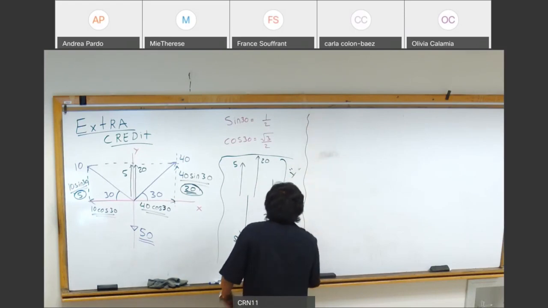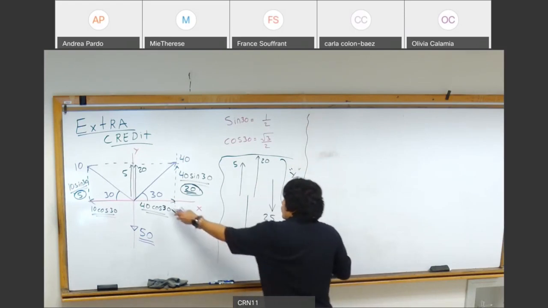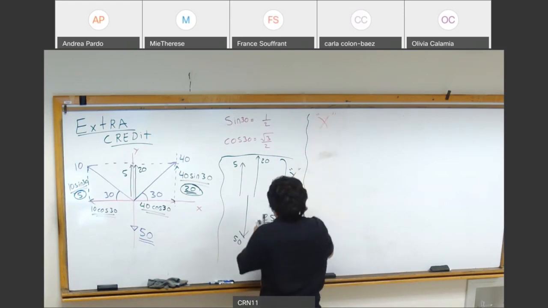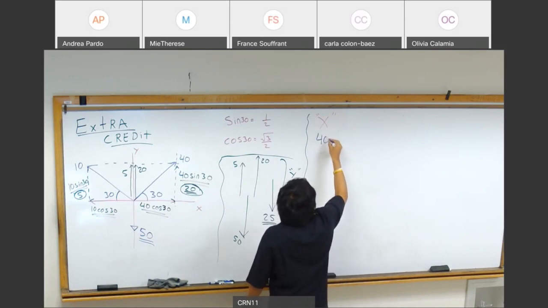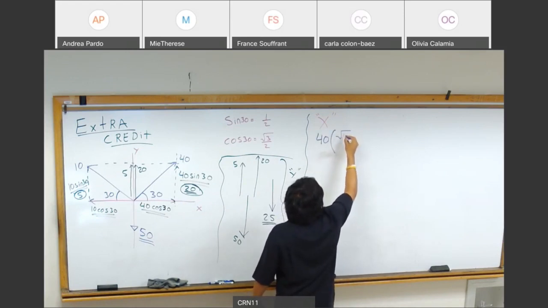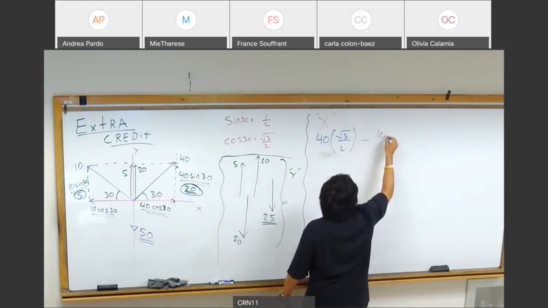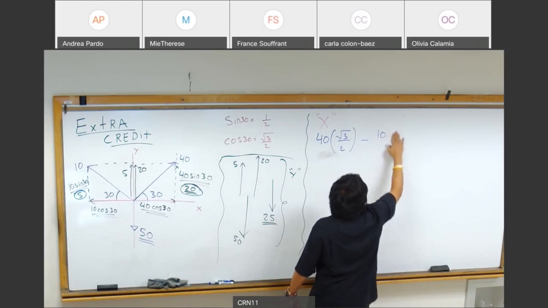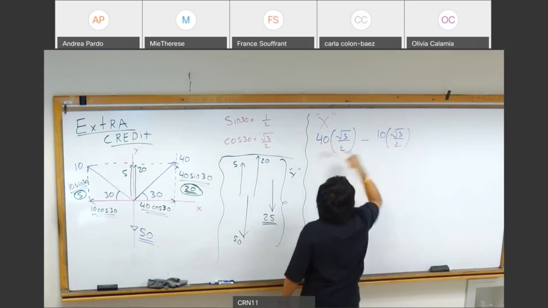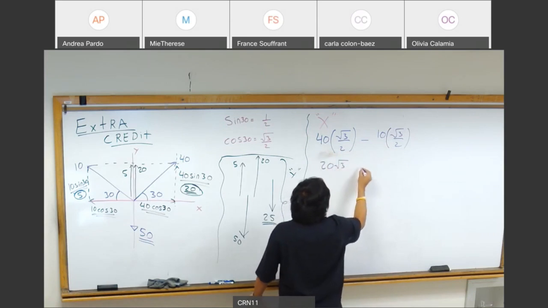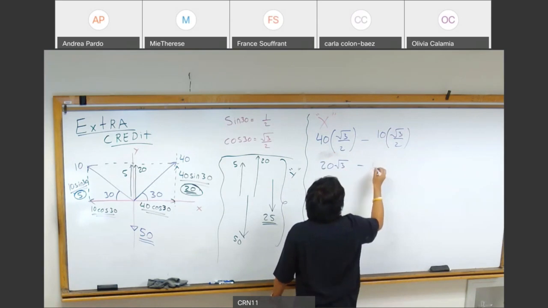And then, to find the resultant on x, what do we do? We do 40 cosine 30, so 40 times the square root of 3 divided by 2, that's to the right, minus 10 cosine 30, and that will give me 20 root 3 minus 5 root 3.